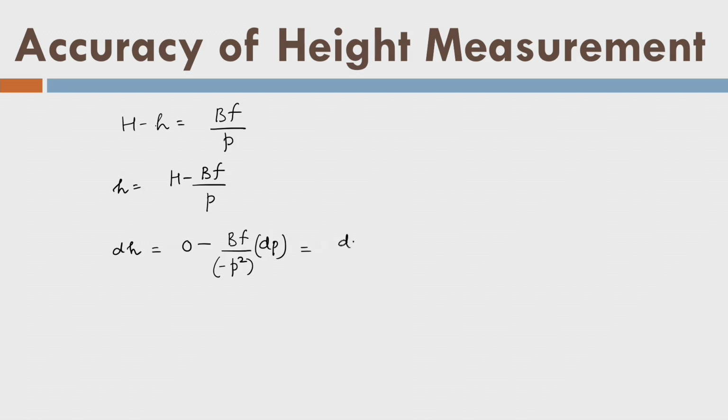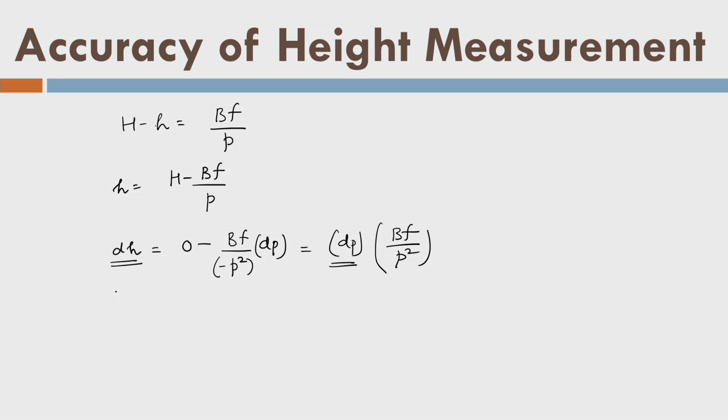So I will get dP into Bf upon P square. So that is the error in the parallax that will give me this kind of error in height measurement. That is the idea.